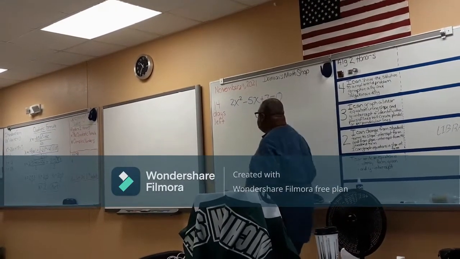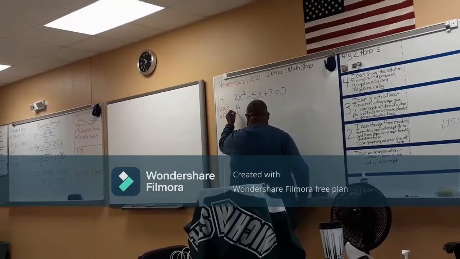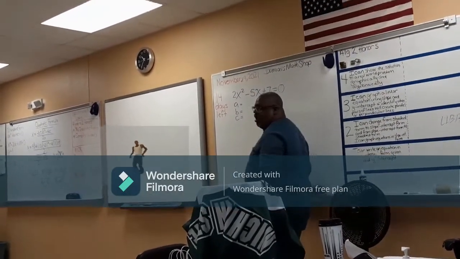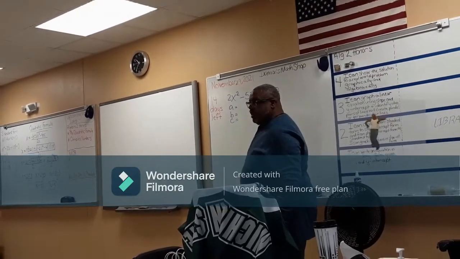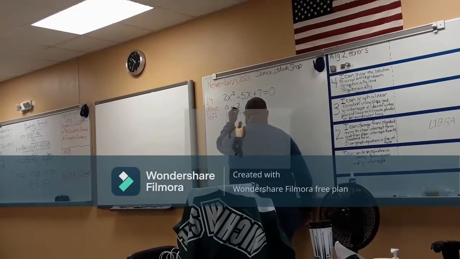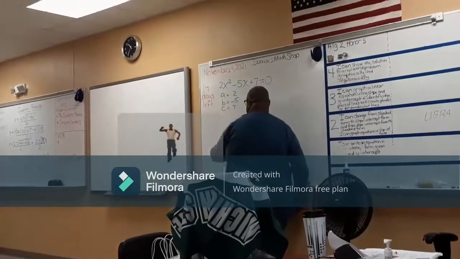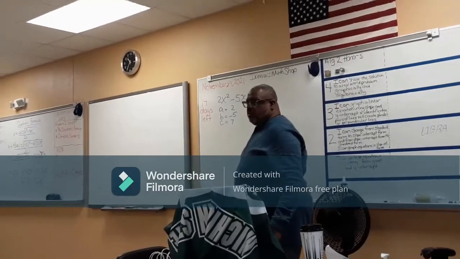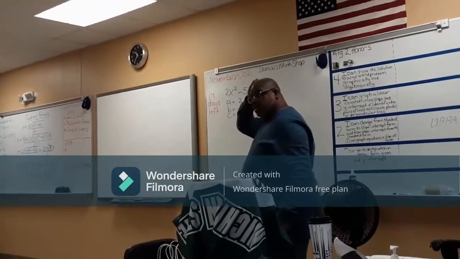So, all I need to know at this point is what A, B, and C are. A is 2, B is -5, C is 7. Now we can plug it into the formula.